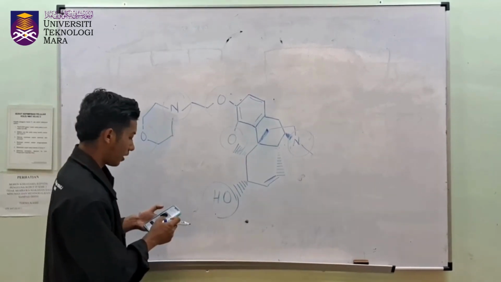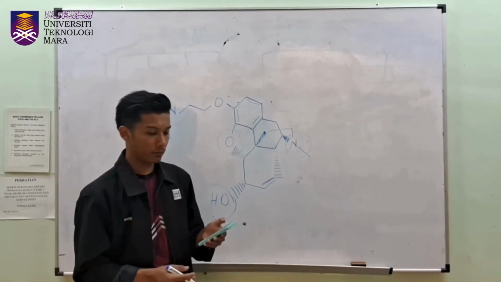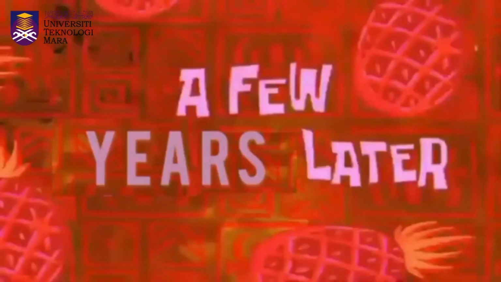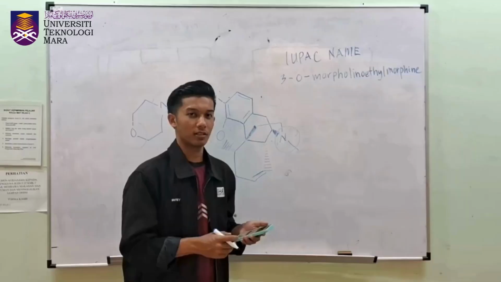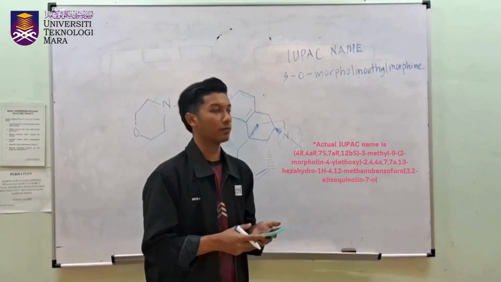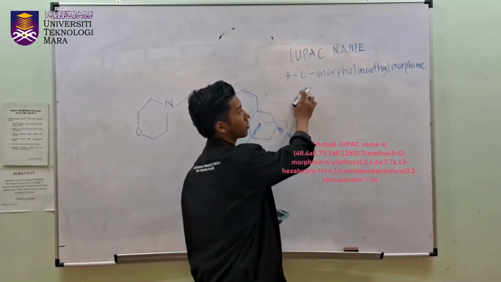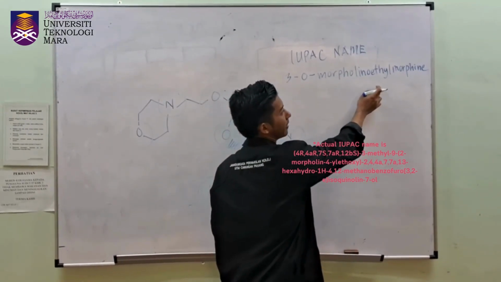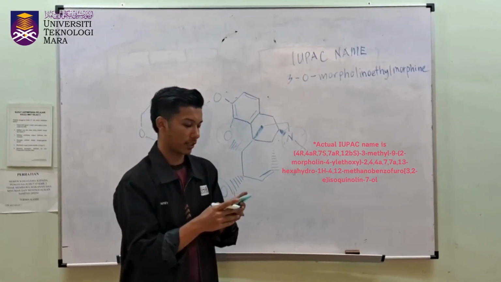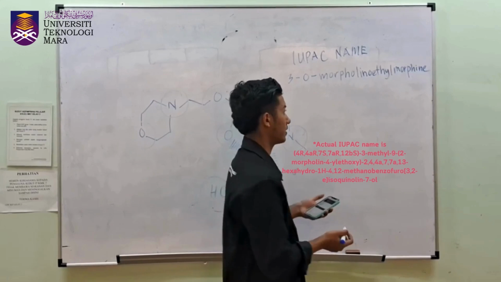Okay, now we go to the IUPAC name of this compound, which is 3-O-morpholinoethylmorphine. Now next we go through the molecular formula of this compound.